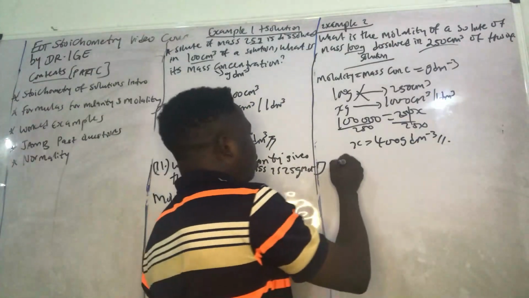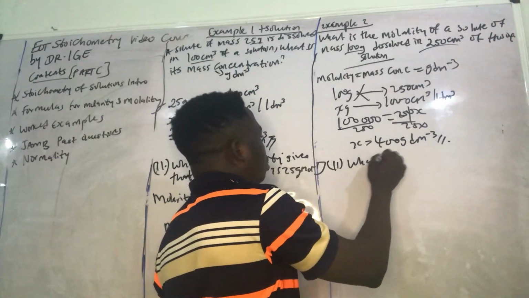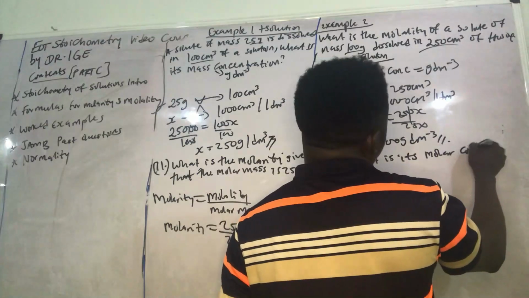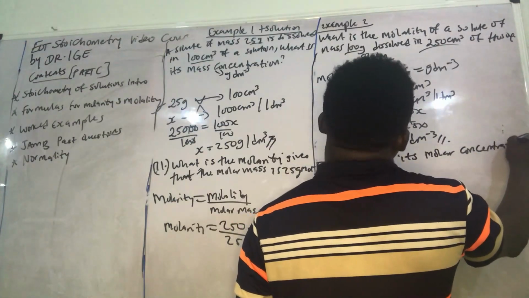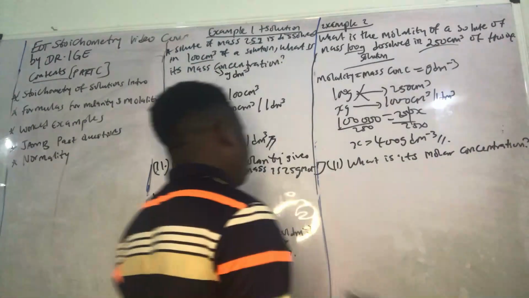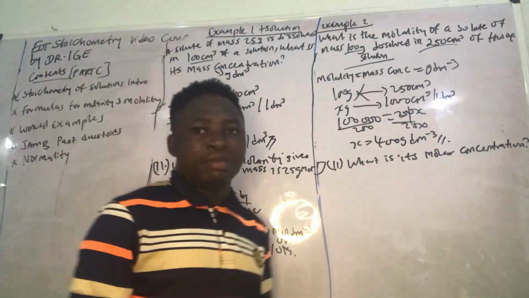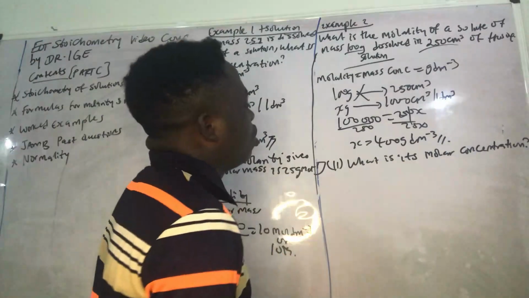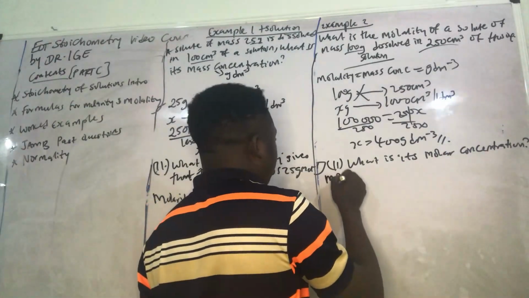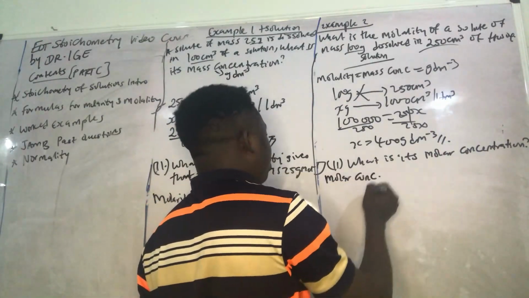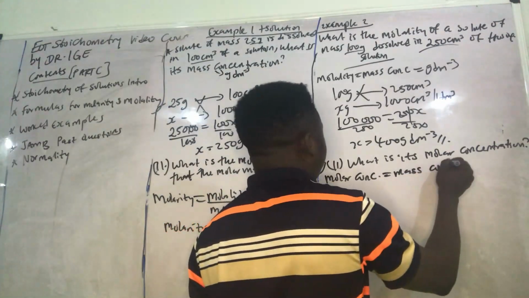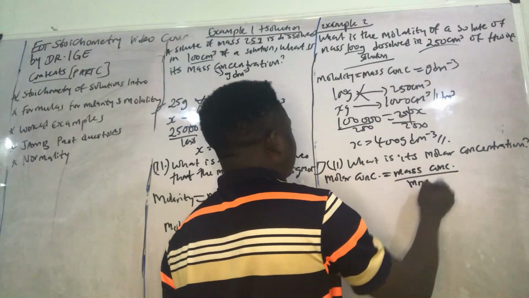Now we have the second question that says, what is its molar concentration? It's the same thing as molarity. Remember that molar concentration, I've mentioned this before, you should have put it in your book, equals mass concentration over molar mass.